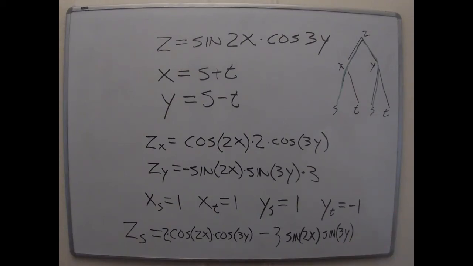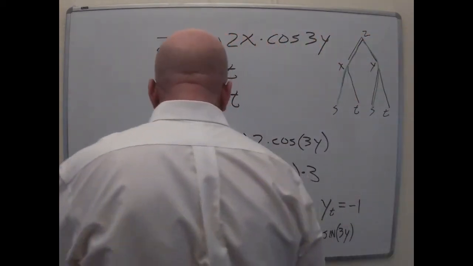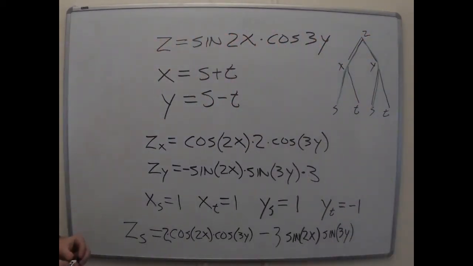The z sub t is similar, so I think I'm gonna give myself a break and not do that, but there is something more that has to happen here right now. It's almost a question about politeness. Z's partial with respect to s should be a function that talks about s.